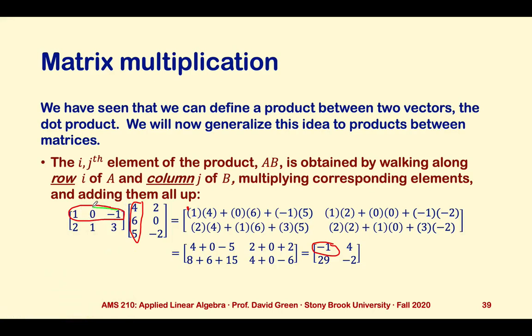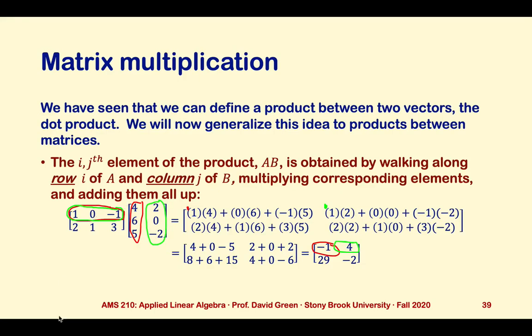We again start with the first row of A, but now we move on to the second column of B. We multiply the corresponding entries: 1 times 2, 0 times 0, -1 times -2. And add up the corresponding entries. The result is 2 plus 0 plus 2 gives us 4.